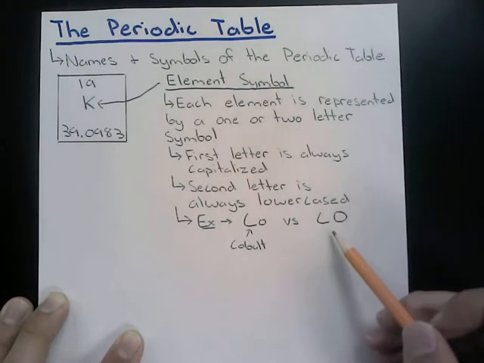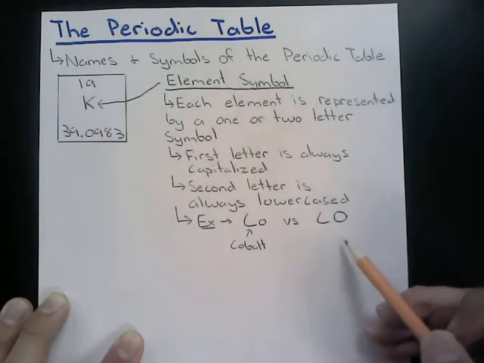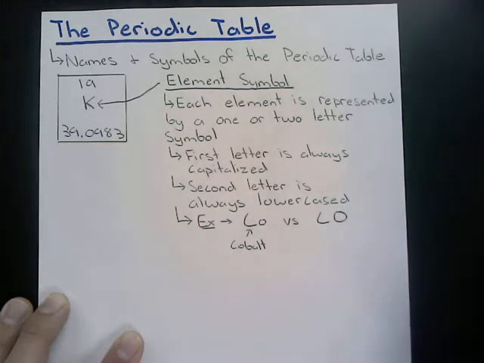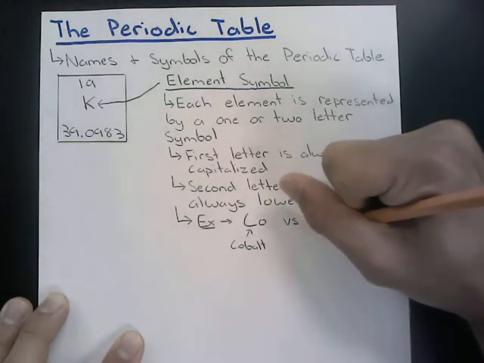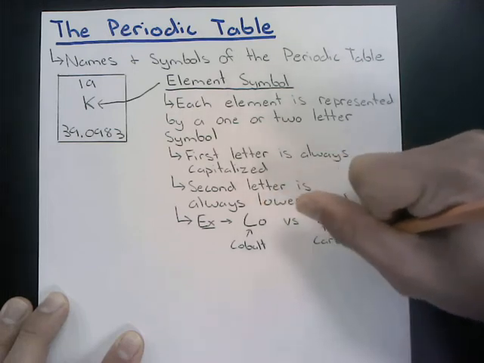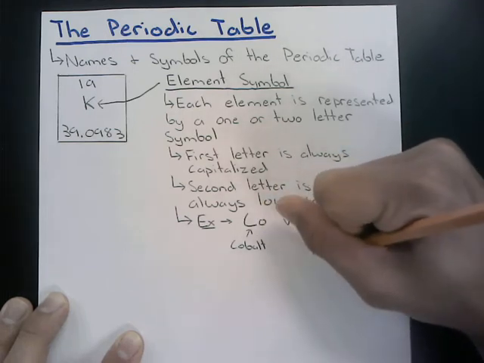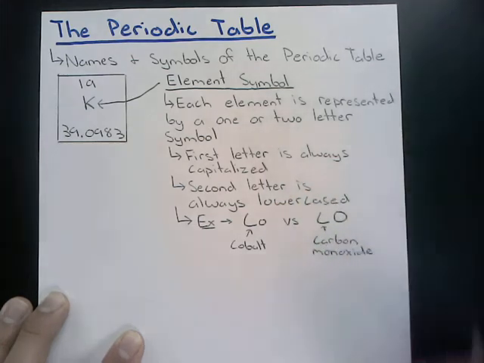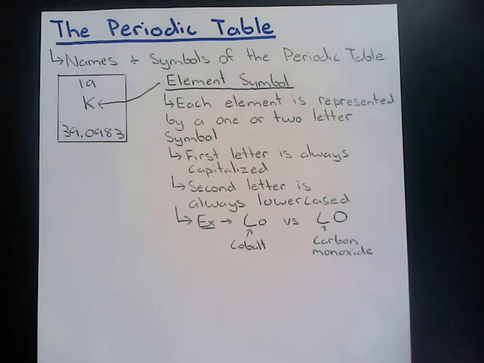The one on the right, because it's two uppercase letters, represents two unique individual atoms, and this is actually a covalent compound known as carbon monoxide. So we have to be very, very careful when we write the symbol for our elements.